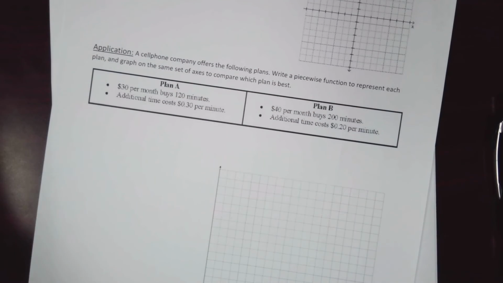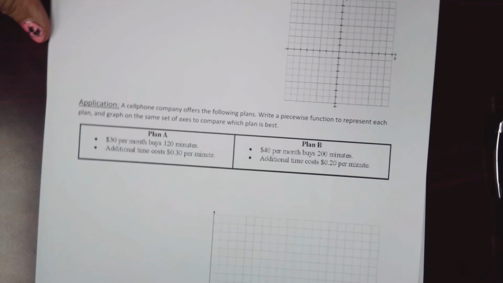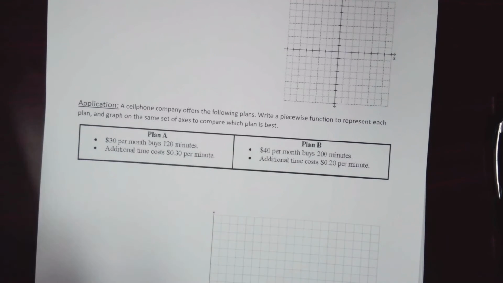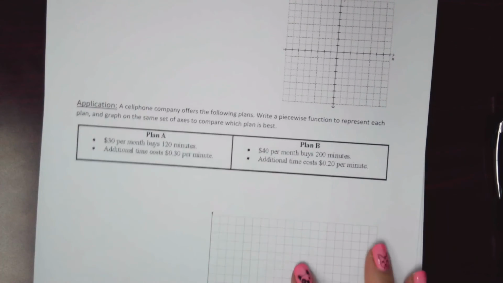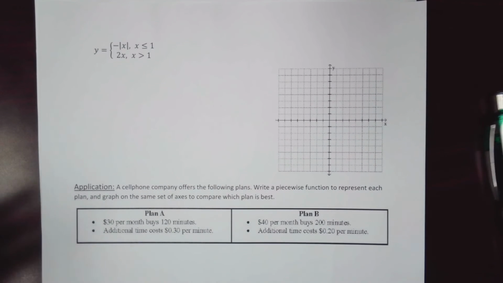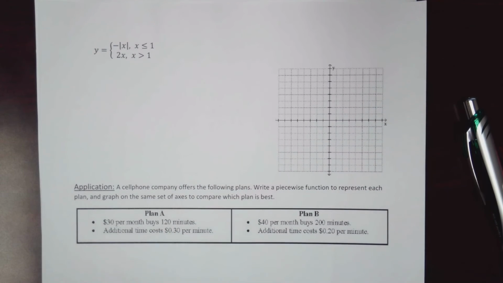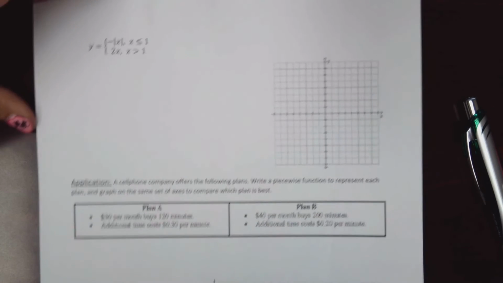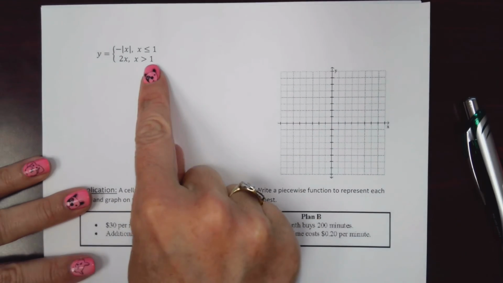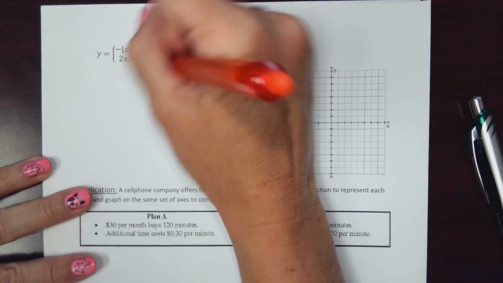All right, one more example of a piecewise defined function. And I got this one printed off. That's good. So we have two rules again. The break in our domain is at 1.